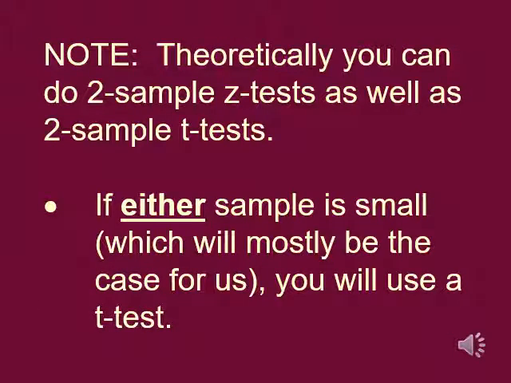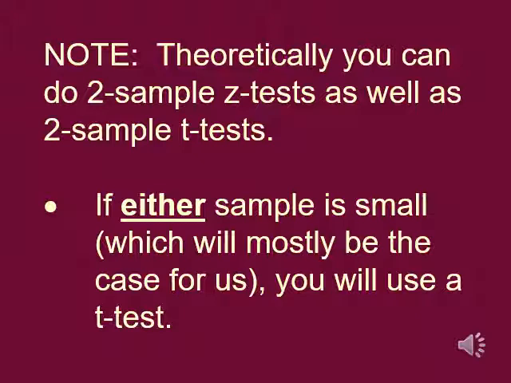Now you may have noticed while you were going through and practicing how to put the numbers in, that right above two-sample t-test, there was another option in your calculator that said two-sample z-test. None of the problems you're going to be asked to do in this class will be that, although theoretically you could do a two-sample z-test in virtually the same way we just did t.